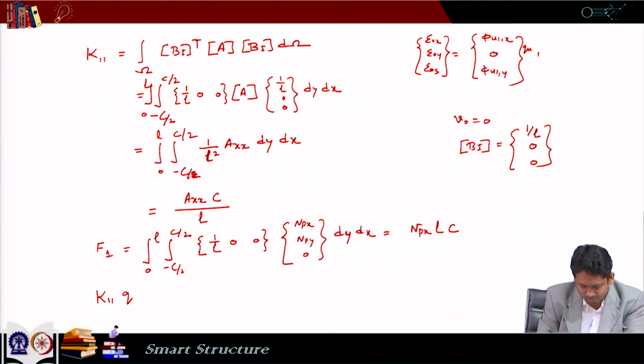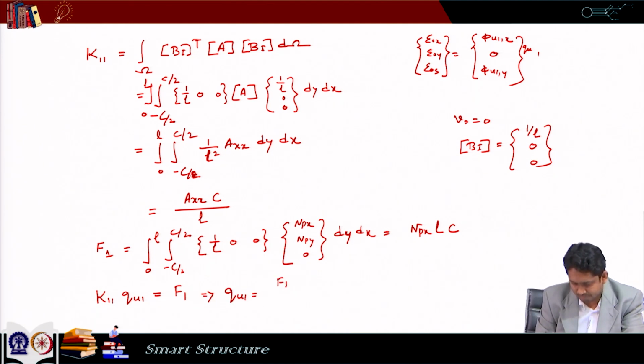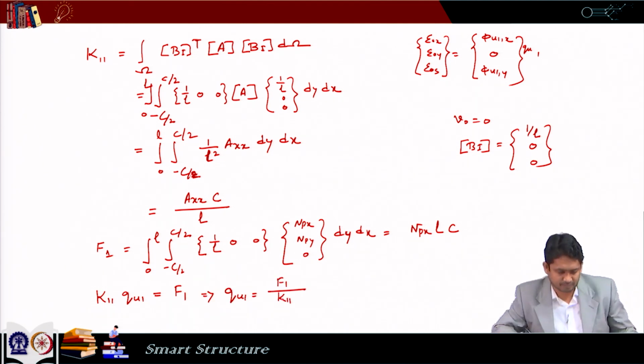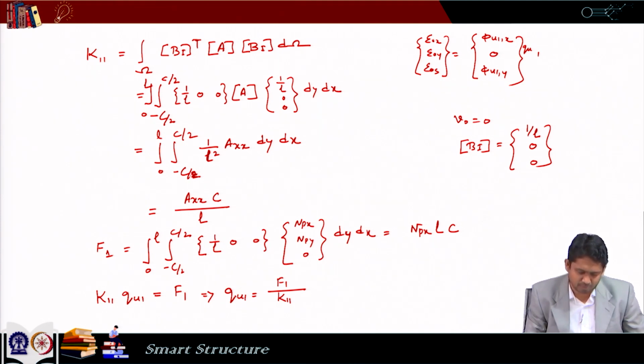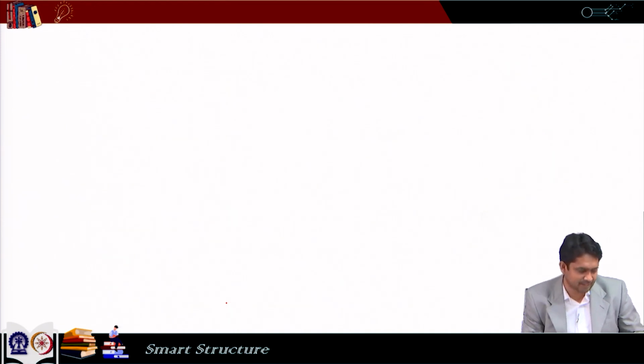So, we can always solve q u1 multiplied by K 1 1 is equal to F 1, and that would give us q u1 as F 1 by K 1 1. So, once we get our q u1, we know the solution. Now, we will solve the same problem using the Galerkin technique.